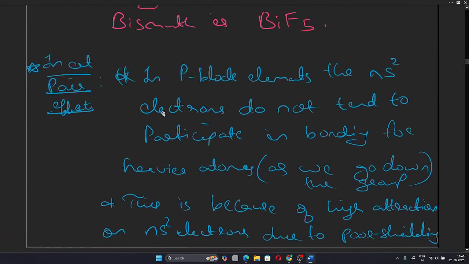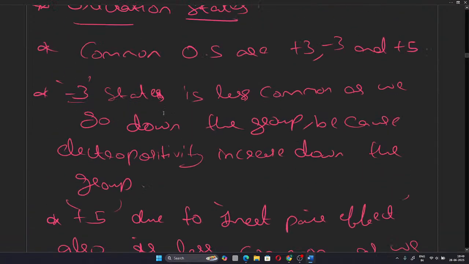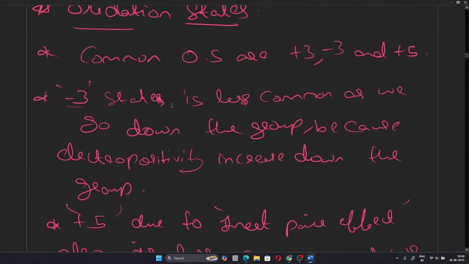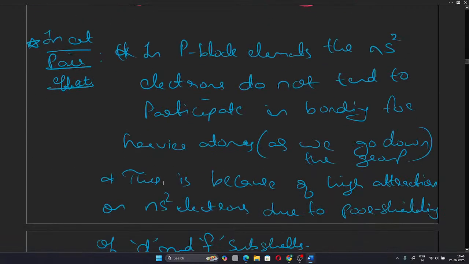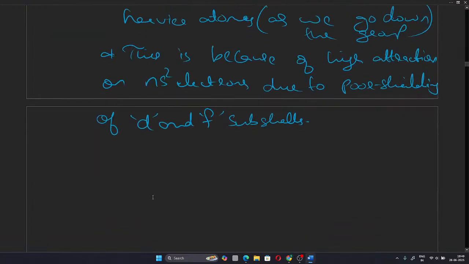Okay, this is basically the inert pair effect: +3 is common, -3 decreases as we go down the group, +5 also decreases as we go down the group, and for individual elements it will start.